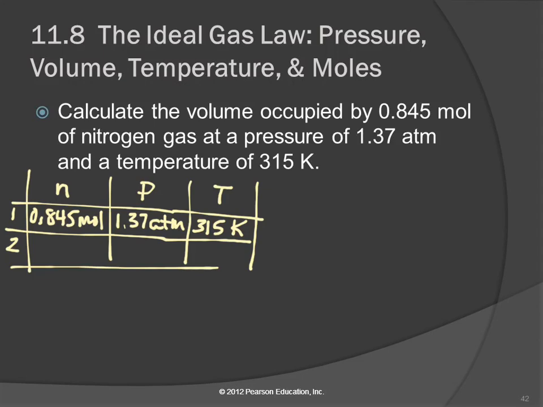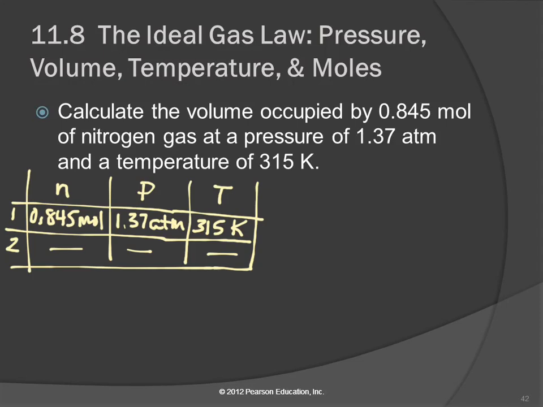We ran out of problem. So down here, there's nothing. We don't have a second pressure, volume. Well, there's no volume mentioned. We don't have a second pressure, amount of gas, or temperature. So then we need an equation that only has one P, one T, and one N in it.